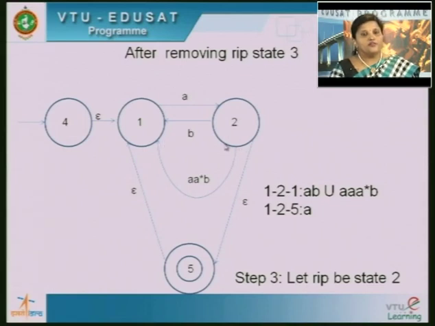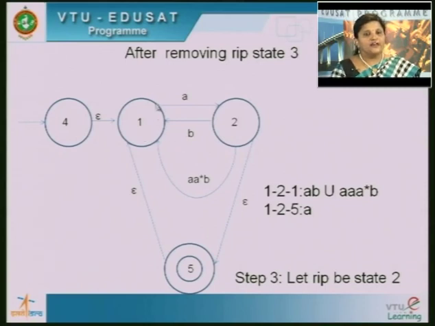When you remove state 2, you observe here from 1 to 1, there is a transition from 1 to 2. You can reach from state 1 to state 2 with the transition A, and from state 2 to 1 you can reach either through B or A star B. Okay. So when you are removing this, whatever transition it is accepting from 1 to 1 should be there.